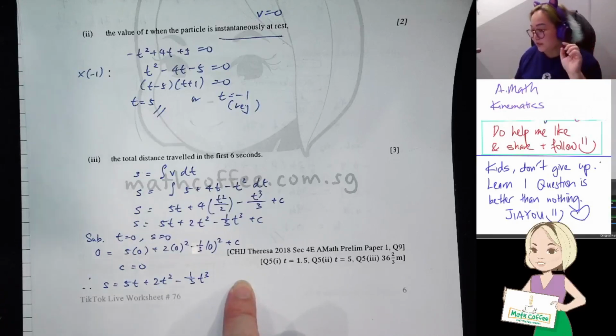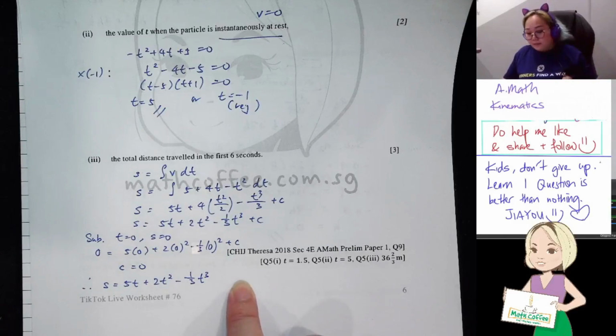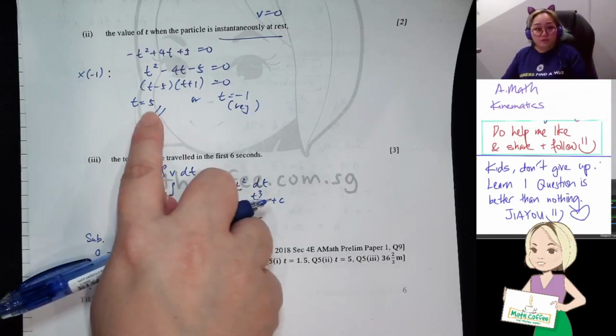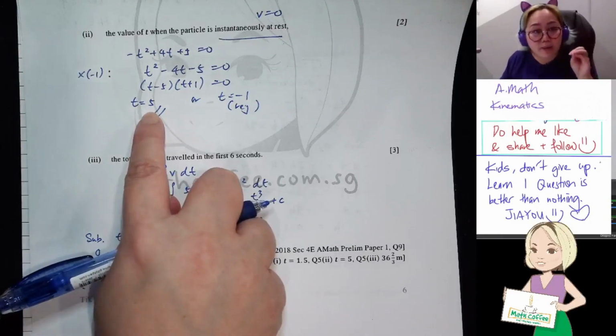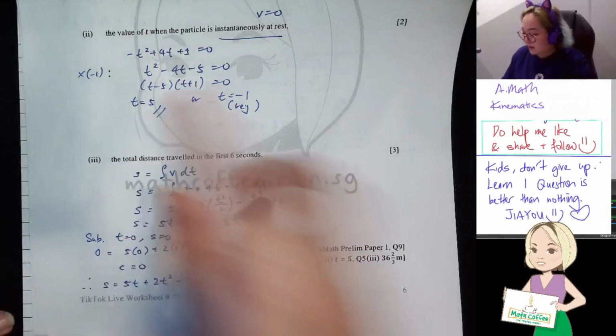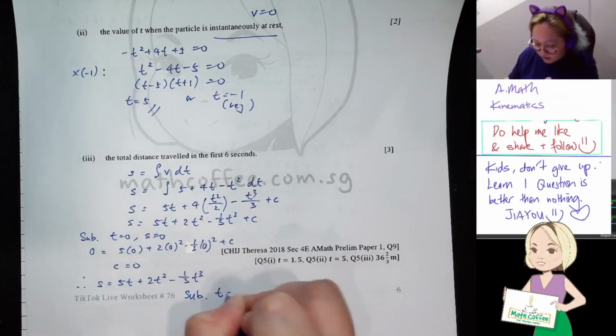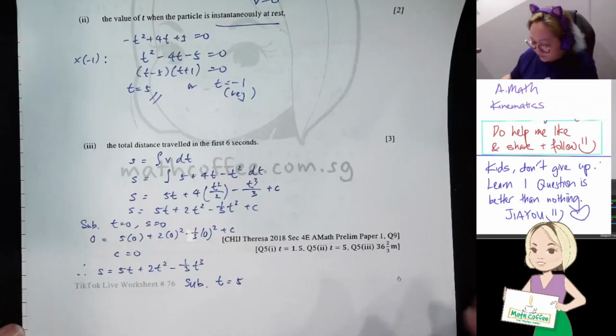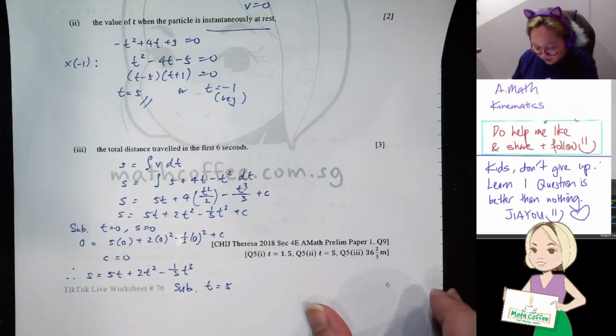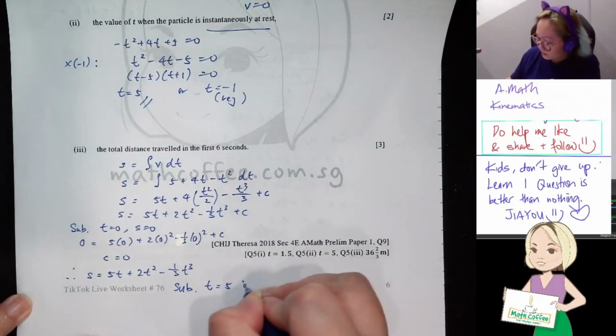Okay, so now next. I know that it turns at t equals 5. So I need to know where my particle is when t equals 5. So let's sub in t equals 5 into s.